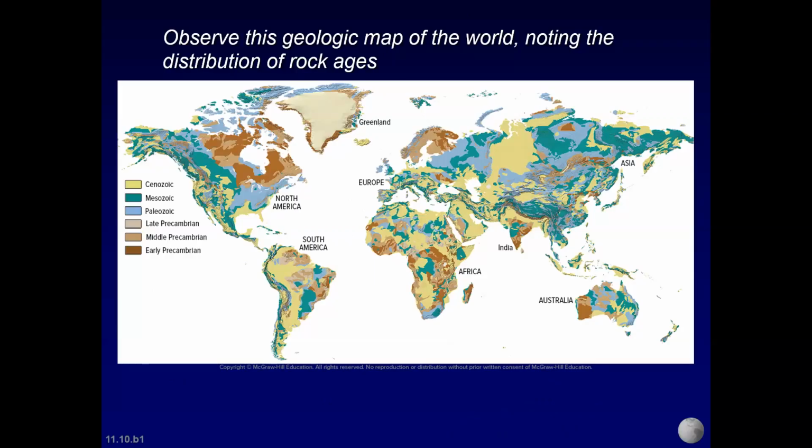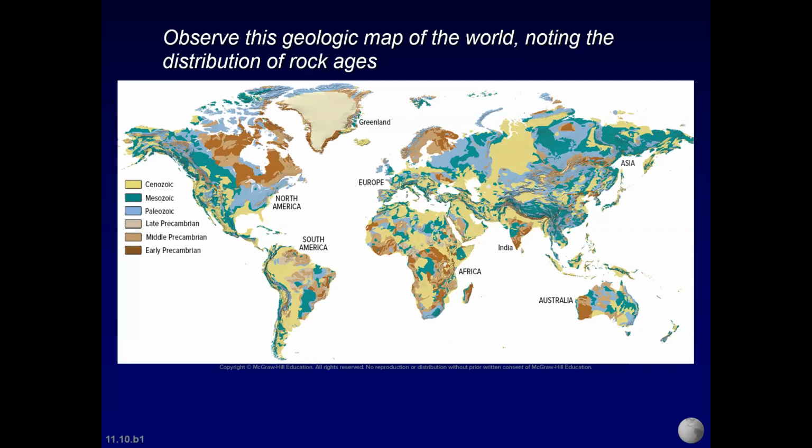And we'll look, kind of to close this out, at a geologic map of the world, noting the distribution of rock ages. So our oldest rocks being on the bottom of the legend here, and then youngest, kind of yellow, Cenozoic. Northern Europe contains the Precambrian Shield.